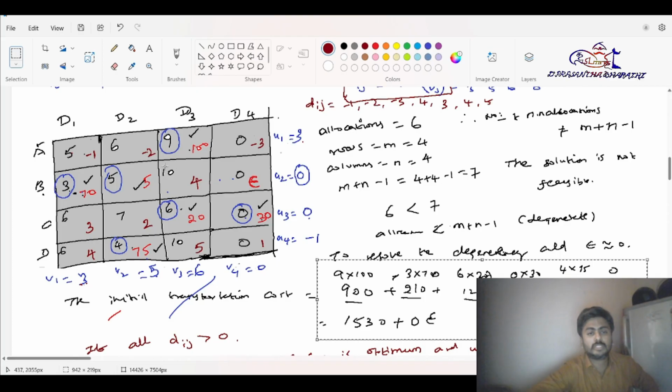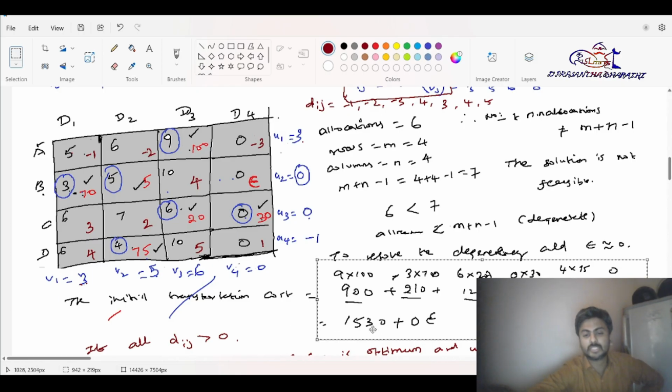But when the question says solve, we are going to find the optimum cost. We have found the dij values are negative. So when dij values are negative, definitely the cost is not optimum. But we can find the cost here also.